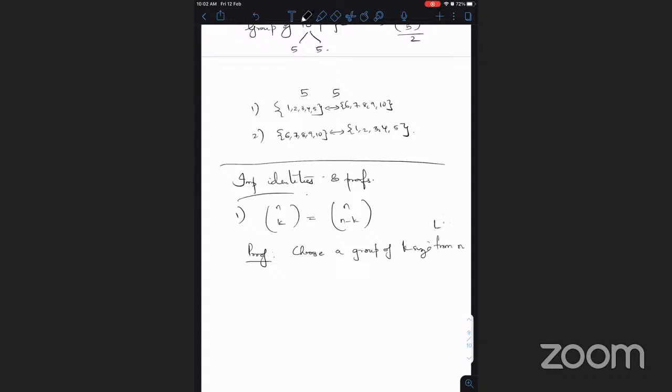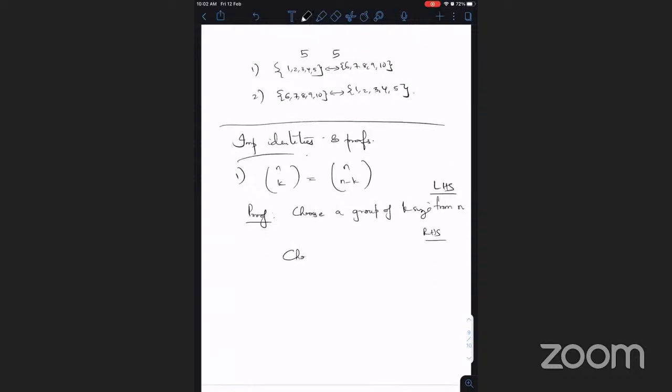That is the left hand side, and the right hand side is exactly the same problem, but you can do it in a different way by choosing a group of size n minus k of people not in the group.